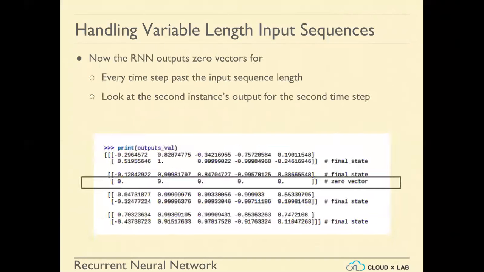Okay, and now the RNN outputs zero vectors for every time step past the input sequence length. Look at the output of this second instance for the second timestamp.